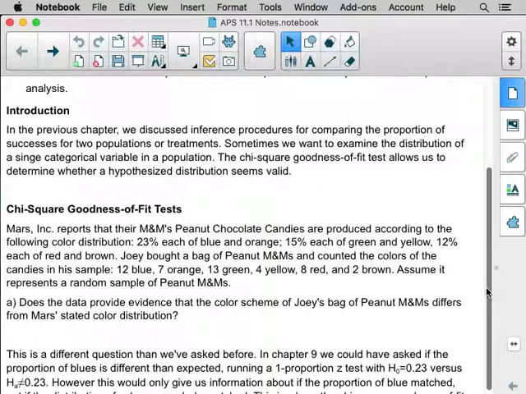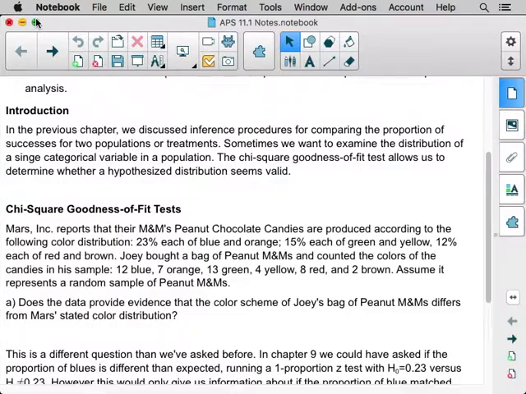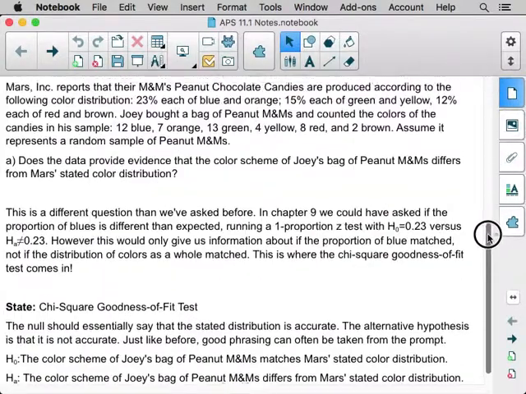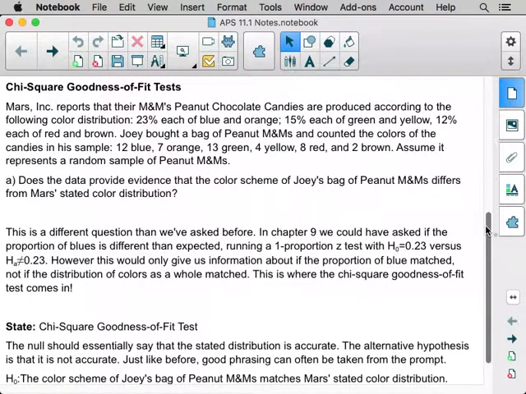All right. And best yet, you can use M&Ms as a really good example of it. So, Mars Incorporated reports that their M&M peanut chocolate candies are produced according to the following color distribution. They say 23% of them are blue and 23% are orange, 15% are green, 15% yellow, 12% both red and brown.